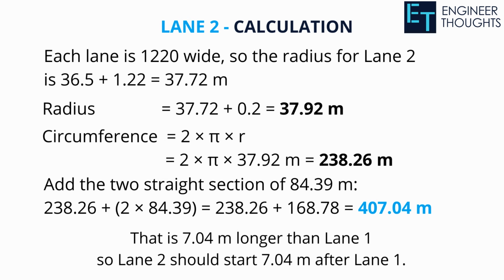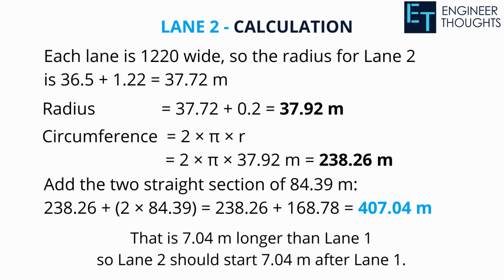Now we will calculate the distance for lane 2. Lane 1 has a width of 1.22 meters. We need to add that 1.22 to the radius 36.5, which results in 37.72 meters. According to the IAAF rule, we need to add 0.2 meters for the next consecutive lane. So 37.72 plus 0.2 becomes 37.92, which is the radius. When you calculate the circumference, it results in 238.26.